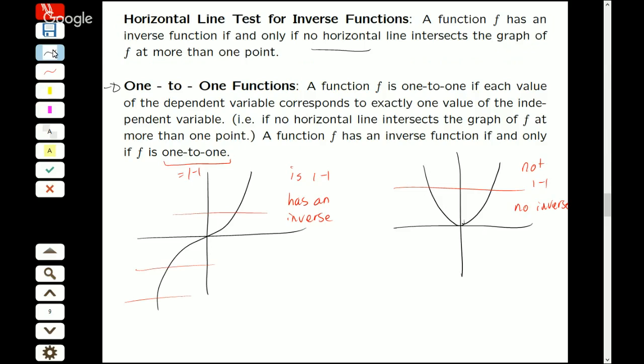But remember, I only did half of it. That's why I restricted it to one side. Now, no matter where I draw my horizontal line, this one is one-to-one, and it has an inverse. So when people are trying to find inverses, they restrict it to just a region where your function is one-to-one. Then they can find the inverse. That's the whole point. Otherwise, you don't know what the inverse is.